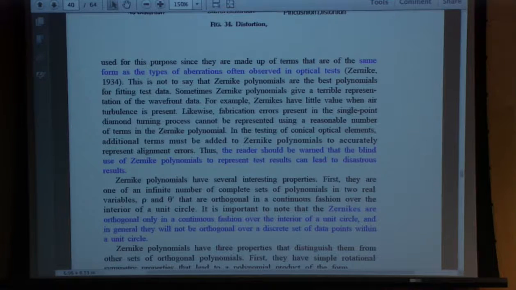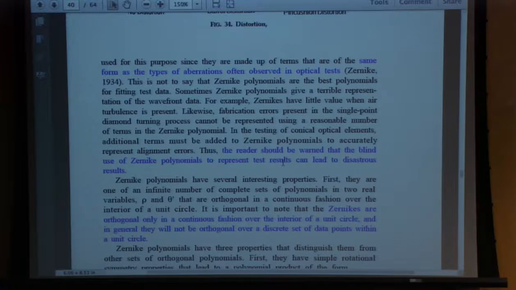But if you're doing something like a single point diamond turning, where you may have some grooves in the surface, then the polynomials will not fit that. Or if you're measuring something in the presence of atmospheric turbulence, although Zernikes have been used for that, they don't work very well. So, as I put here in blue, the blind use of Zernike polynomials may get you into deep trouble.